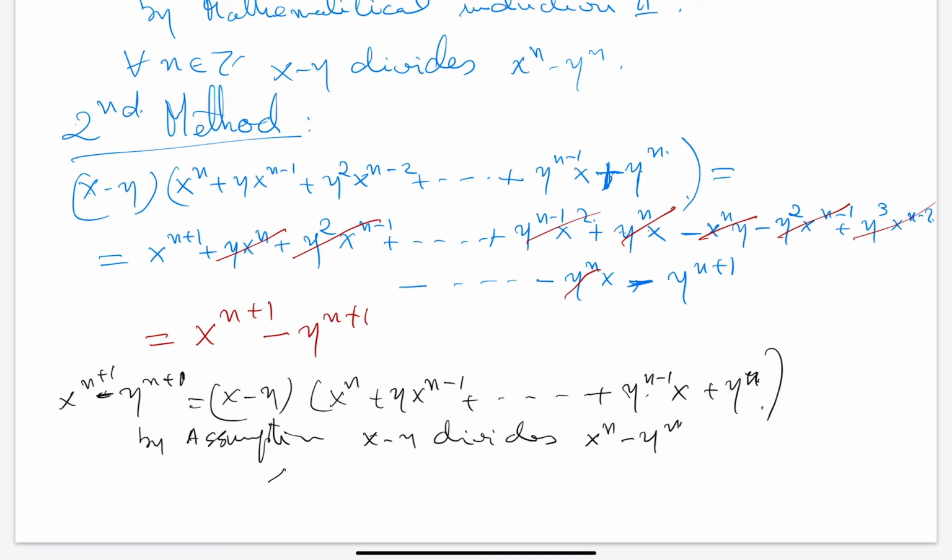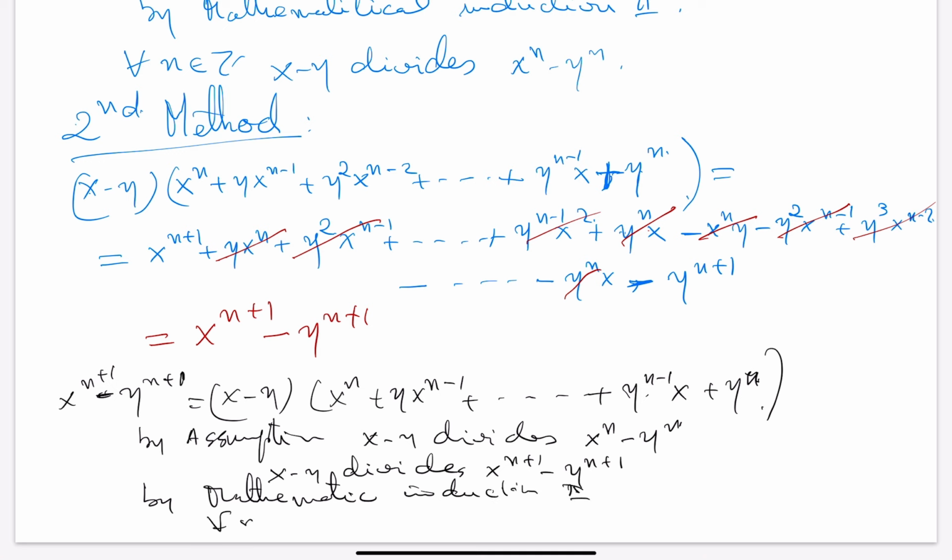Therefore, we can say x minus y divides x to the n plus 1 minus y to the n plus 1 by mathematical induction 2, for all positive integers, x minus y divides x to the n minus y to the n. Okay? Just take your time and review it, and we're done. Good luck for your exam.